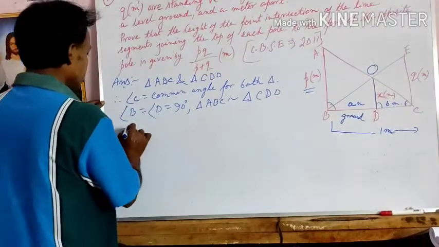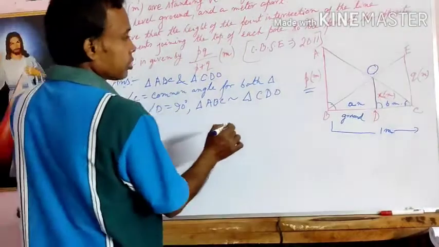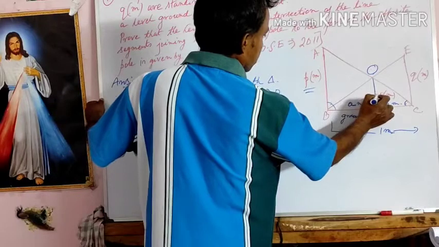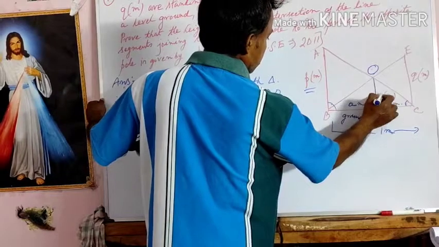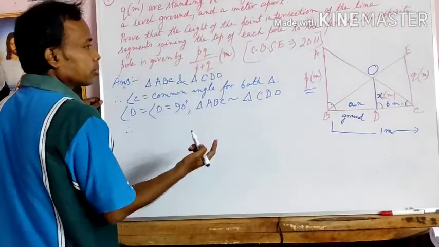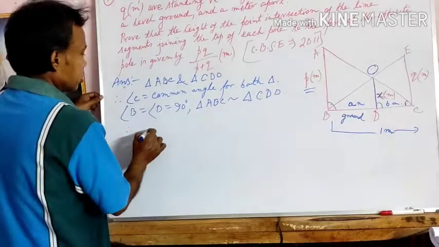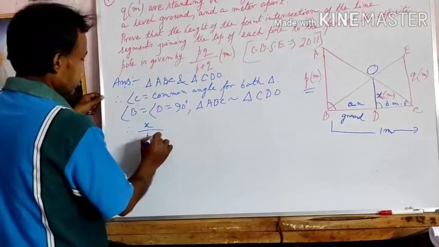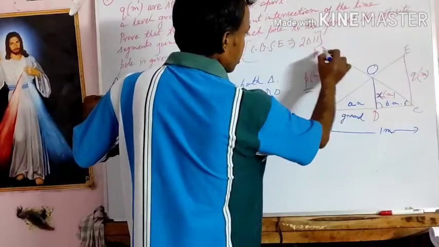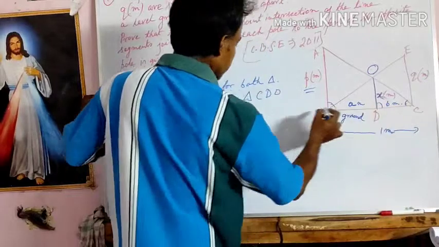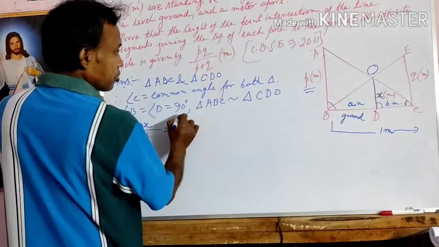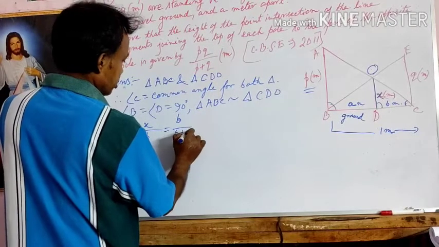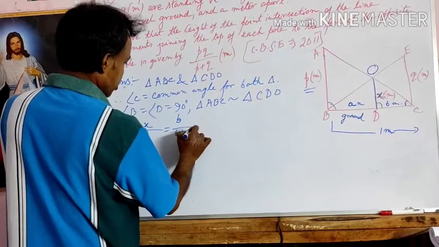Therefore, we can write, suppose OD is equal to x meters. This is x meters. So x by P is equal to b by b plus a.